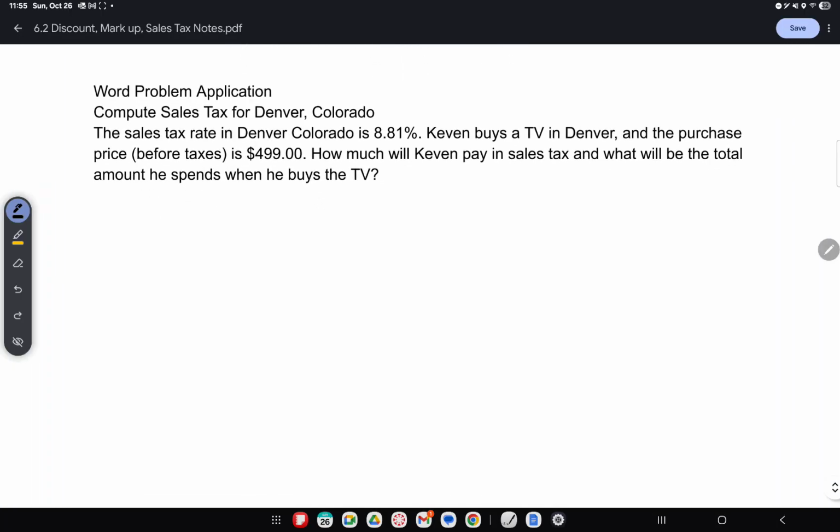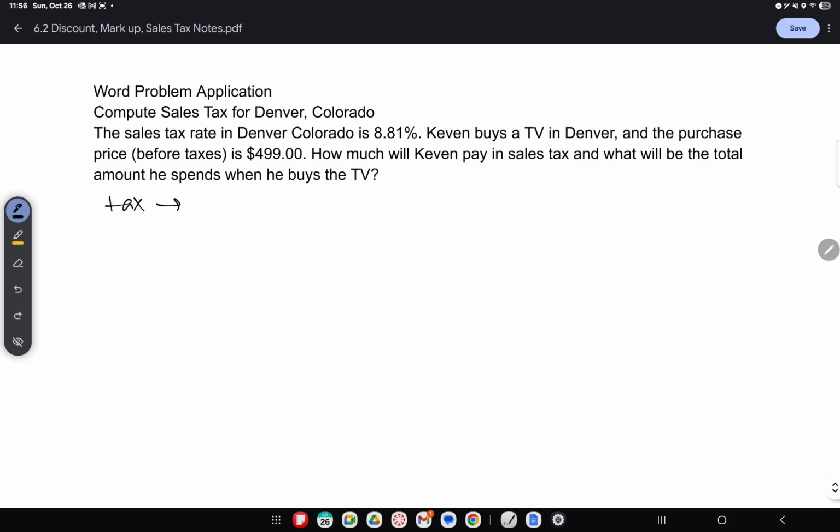All right, we have some sales tax. The sales tax in Denver, Colorado is 8.81%. Kevin buys a TV in Denver, and the purchase price before taxes was $499. How much will he pay in sales tax, and what is going to be the price that he spends?